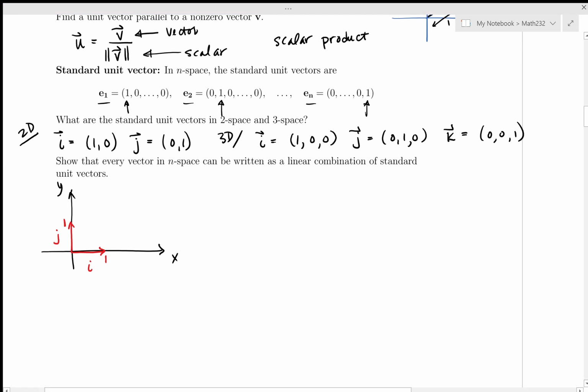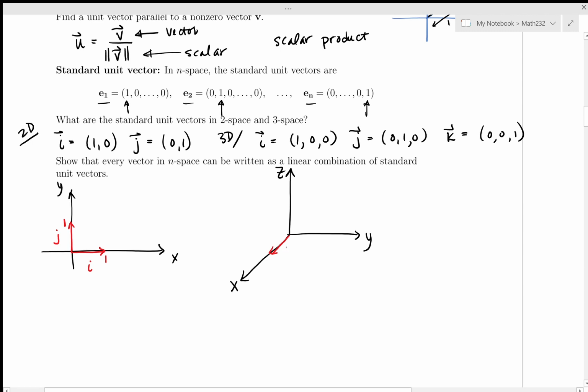Let's just draw the 3D situation. That looks like this. We're going to label this one x, this one y, and this one z. So this is our 3-dimensional coordinate system. And what we're going to do is have the standard unit vectors like here.